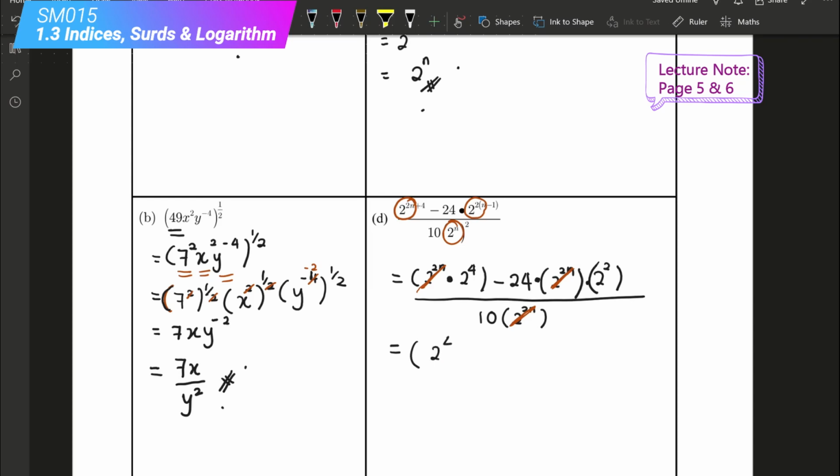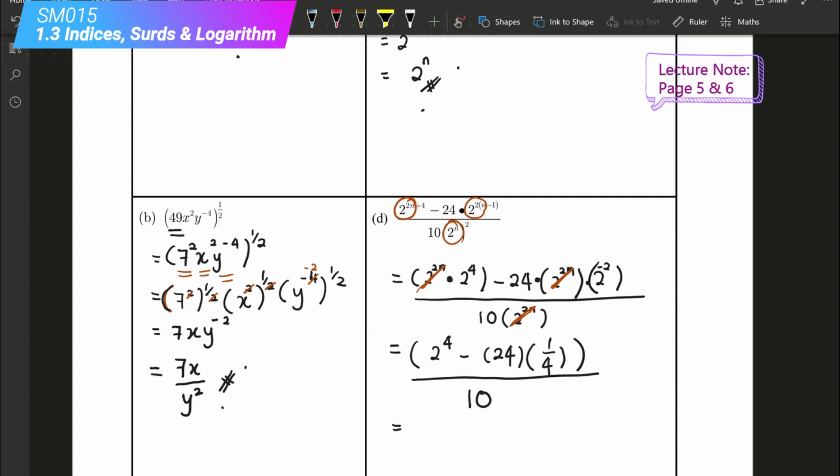2 to the power of 4 minus 2 to the power of negative 4. Negative here, 2 to the power of negative 4 means it will become 1 over 4, right? 1 over 4, divided by 10.